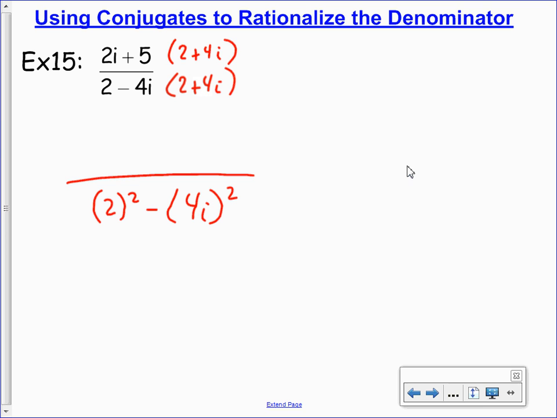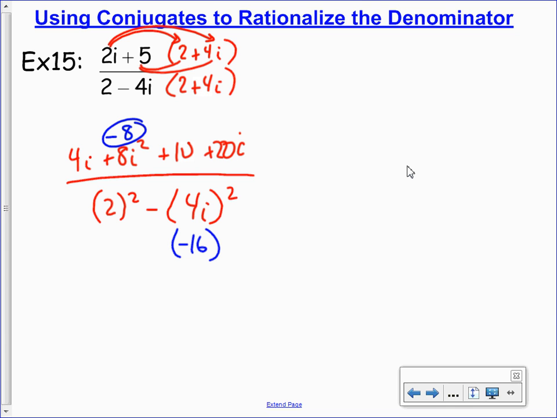The top, just FOIL it out. So 2I times 2 is 4I. 2I times 4I is 8I squared. 5 times 2 is 10. 5 times 4 is 20I. We know 8I squared is just negative 8.